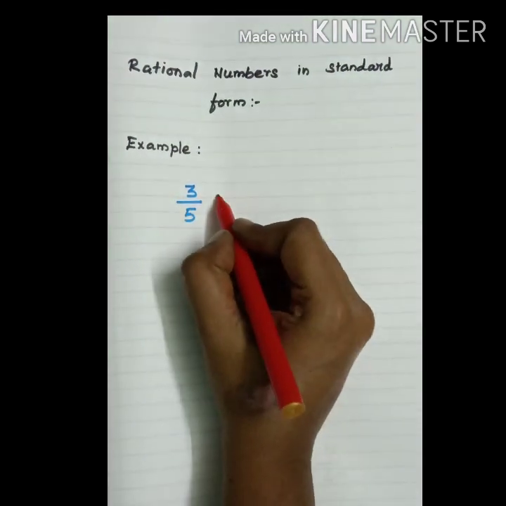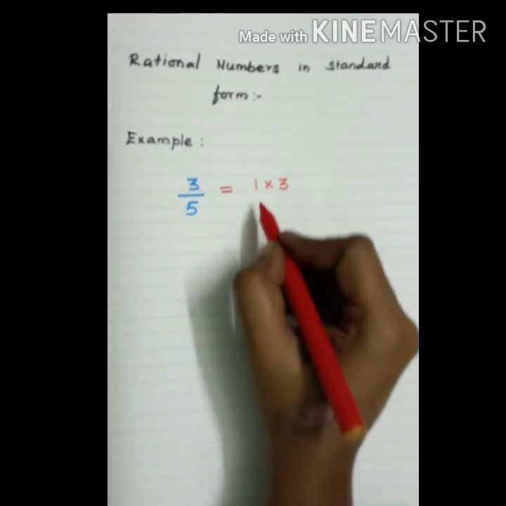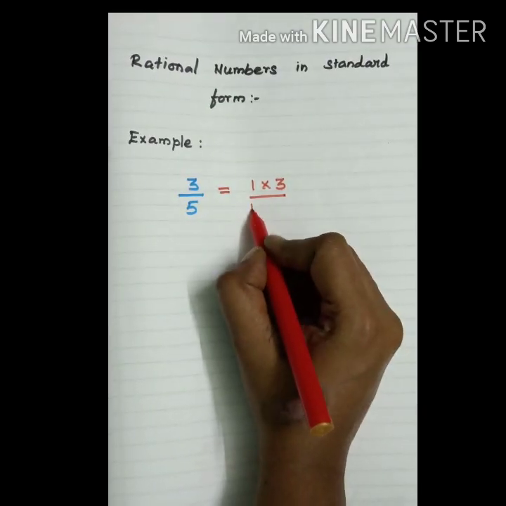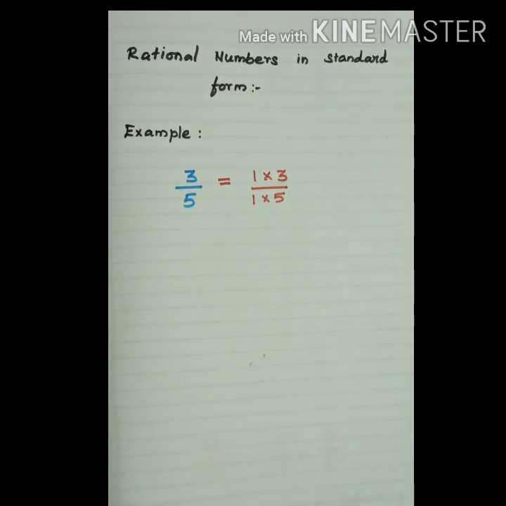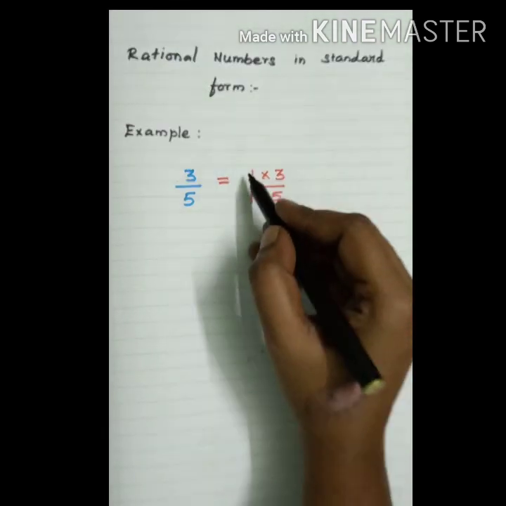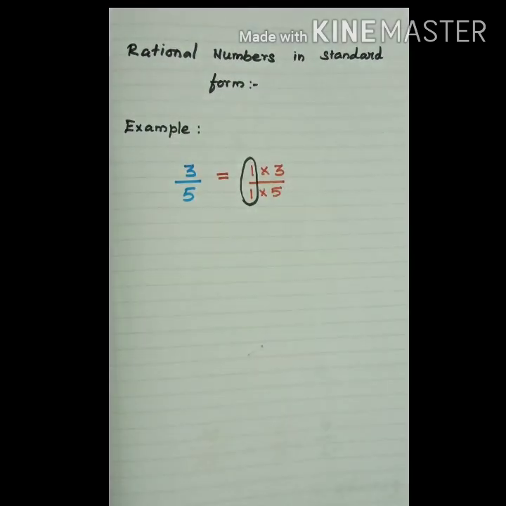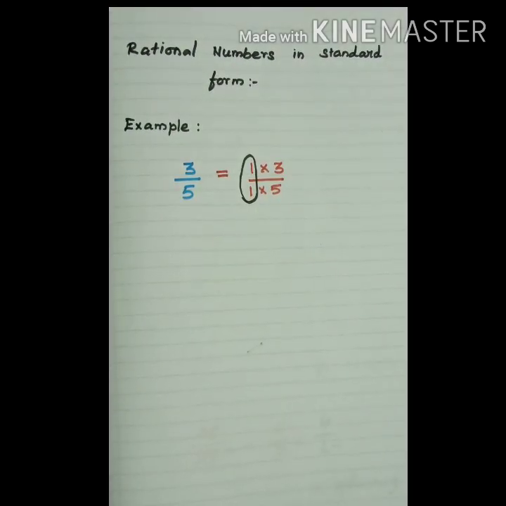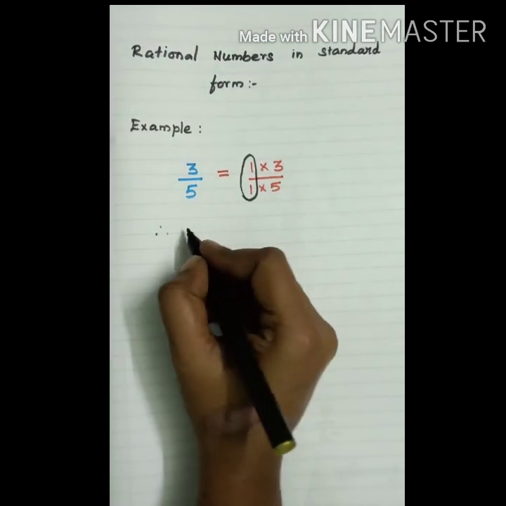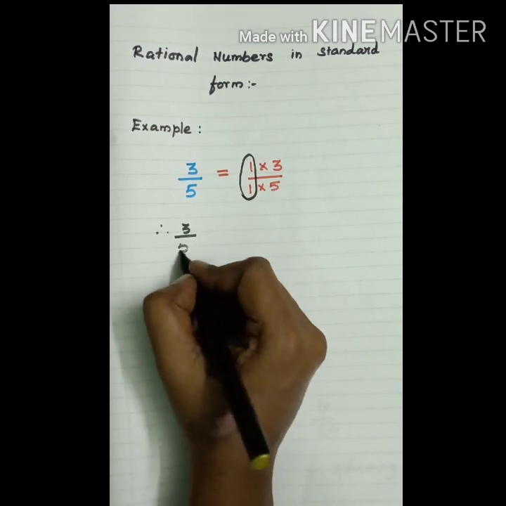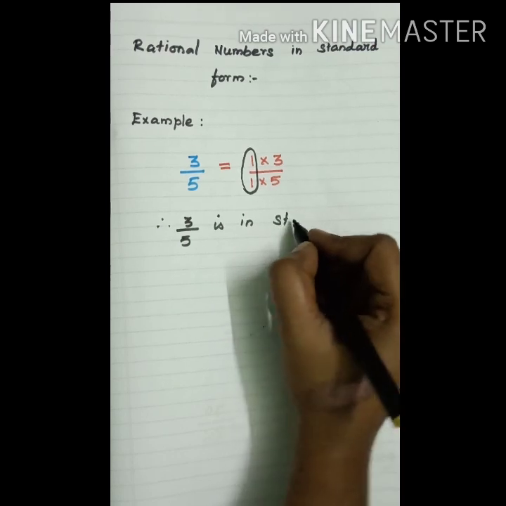Therefore, 3 can be written as 1 threes are 3 and 5 can be written as 1 fives are 5. Here 1 is the common factor. Therefore 3 by 5 is in standard form.